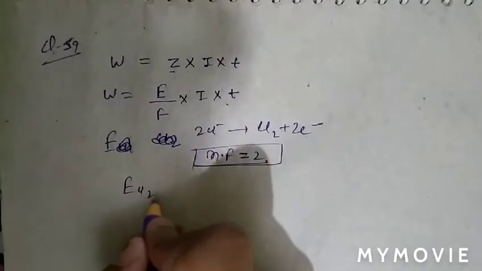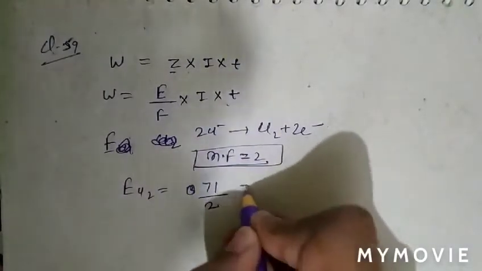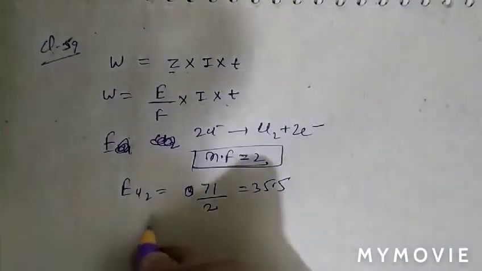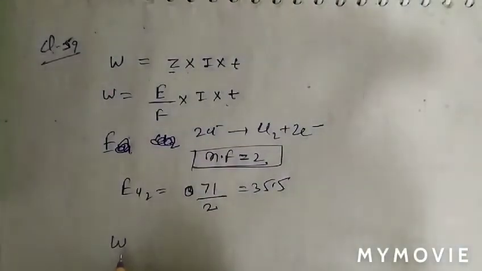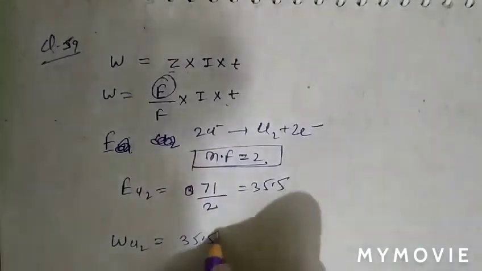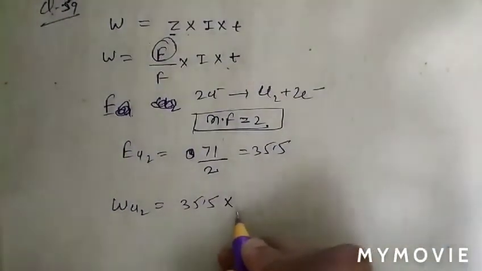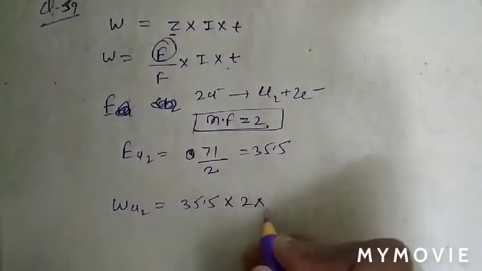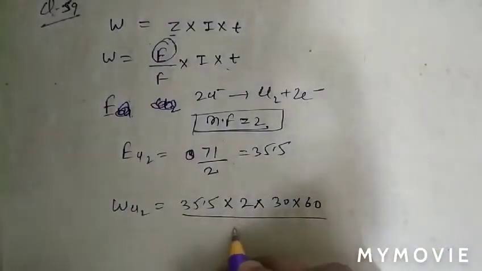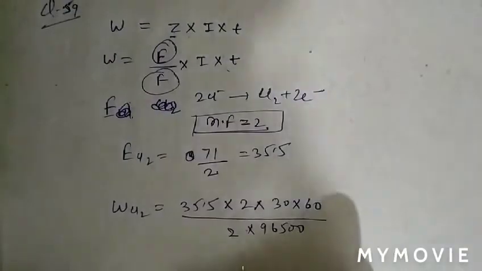So the equivalent weight of Cl2 will be equal to 71 divided by 2, that is 35.5. So the weight of chlorine deposited will be the equivalent weight 35.5 multiplied by the current passed, 2 ampere, for 30 minutes, meaning 30 into 60 seconds, divided by Faraday constant, that is 96500.